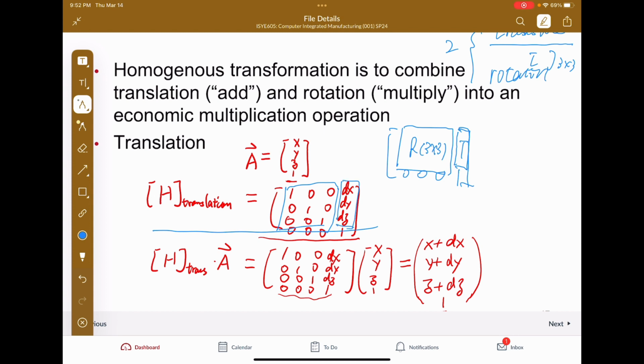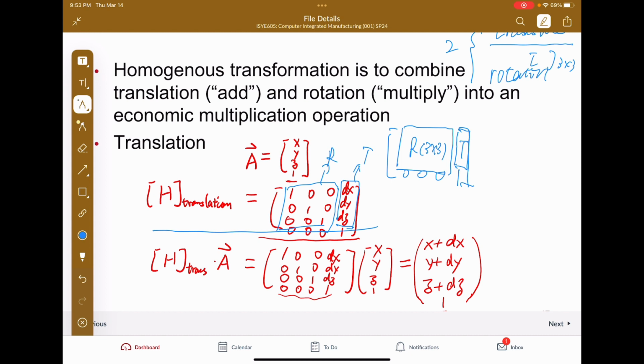These two transforms, one is rotation, one is translation. In this way we integrate the rotation and the translation together.